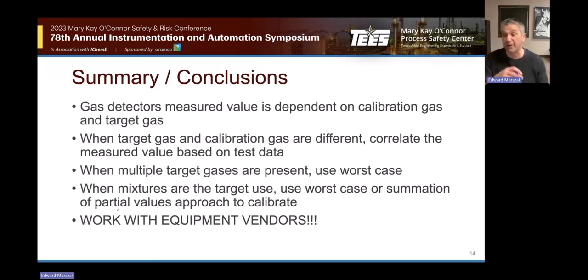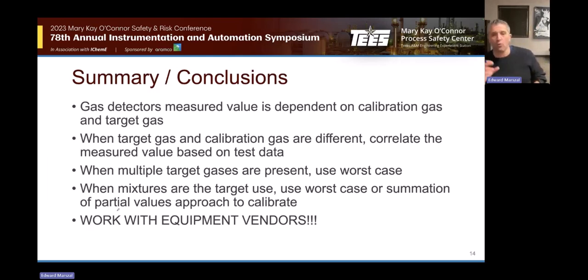And if your calibration gas is different from your target gas, there's another step that says, well, I'm calibrated to 50% of LFL of methane. What is the value now that if I was presenting ethane instead, that this device would be reading? That needs to show up in your calibration sheets, in your calibration procedures.